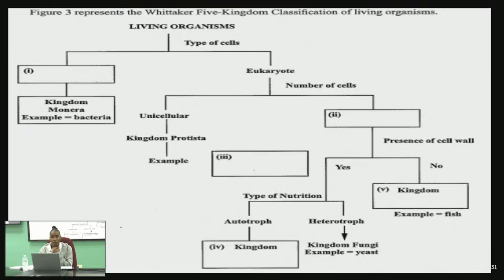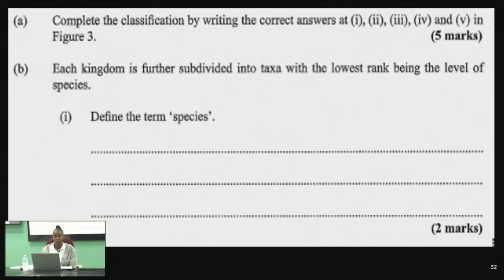Then, if we go to type of nutrition, it says autotroph or heterotroph. For heterotroph, we see it identify kingdom Fungi, example is yeast. And for autotroph, it asks for the kingdom, which would have been plant or Plantae.